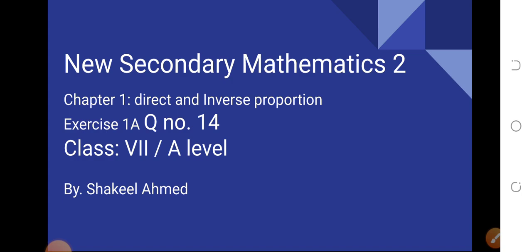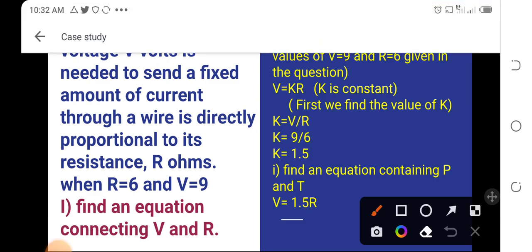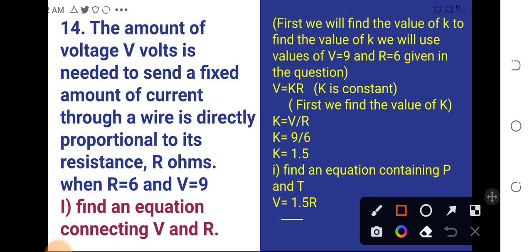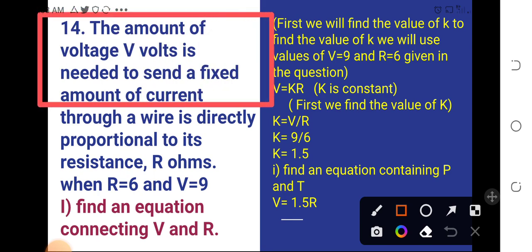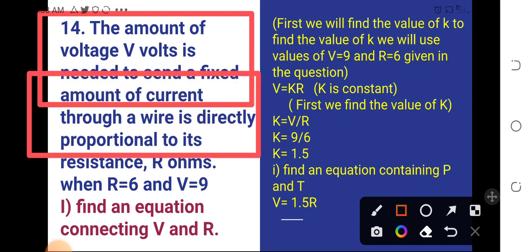Exercise 1a question number 14, and this is for class 7 or A level. So let's start. The question number 14 is: the amount of voltage needed to send a fixed amount of current through a wire is directly proportional to its resistance.